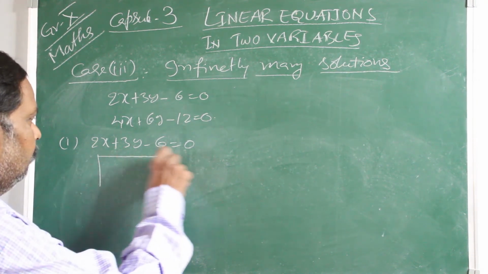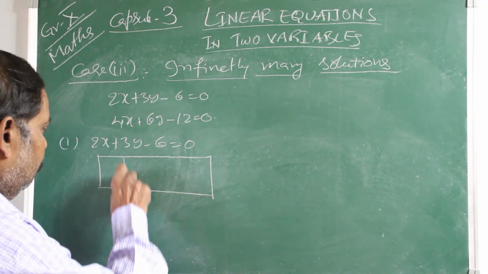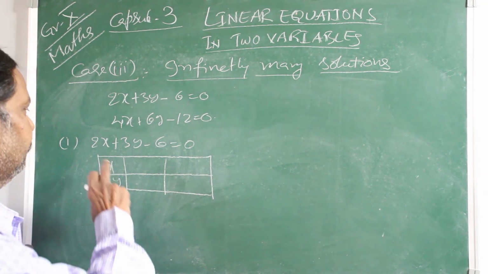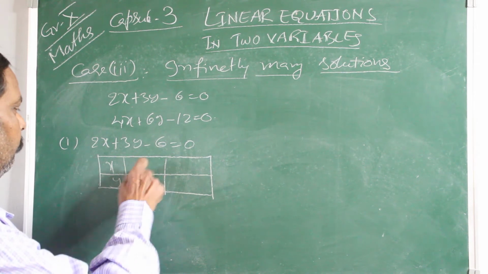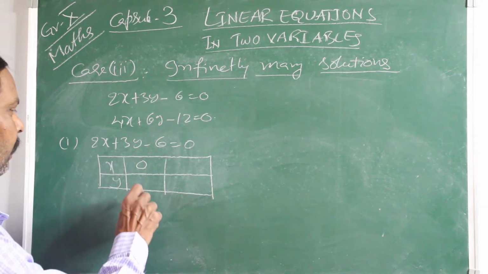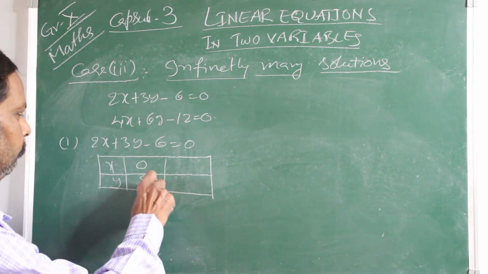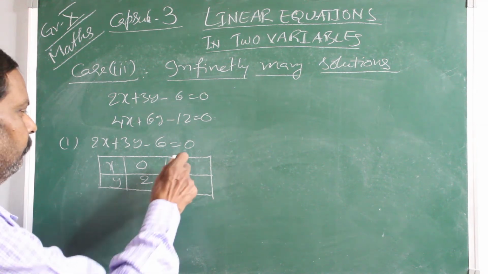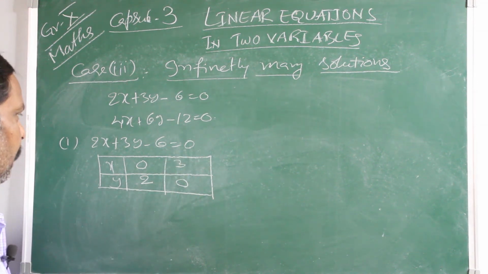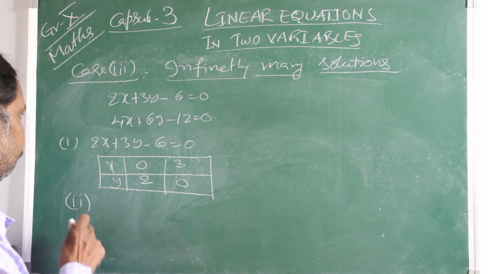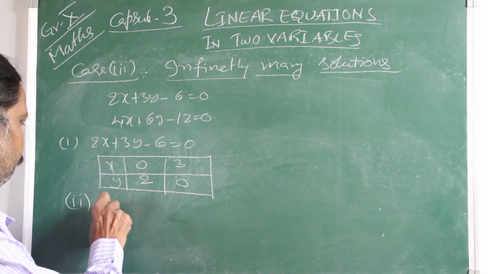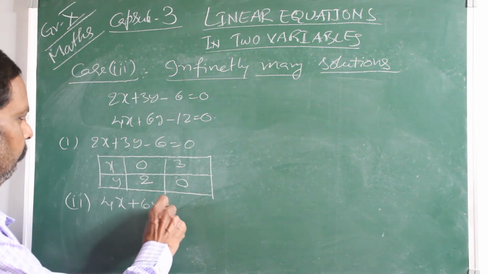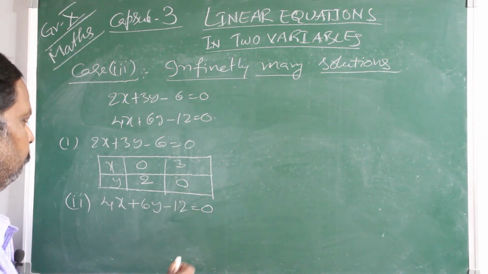And I will prepare graphs for these two lines. First is 2x plus 3y minus 6 is equal to 0. As usual, x, y. When x is equal to 0, 3y minus 6 is equal to 0 and y will be equal to 2. When y is 0, x is equal to 3. And second equation, 4x plus 6y minus 12 is equal to 0.